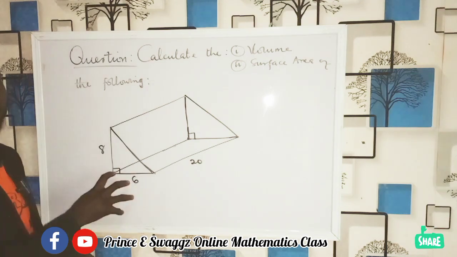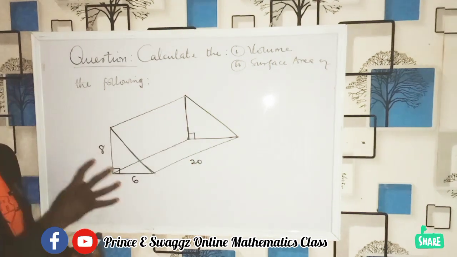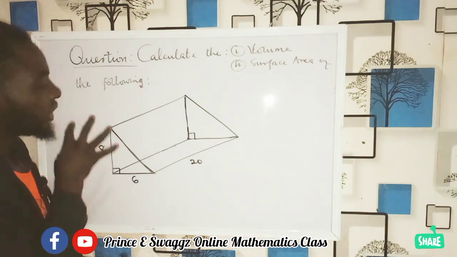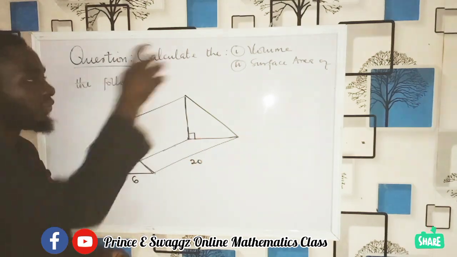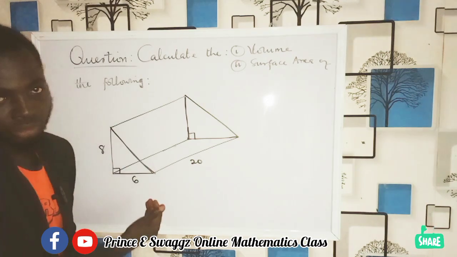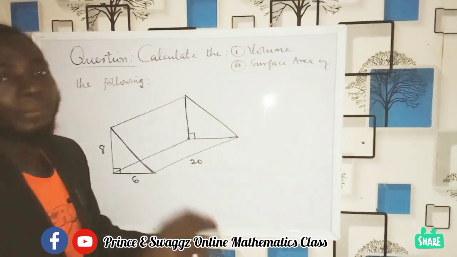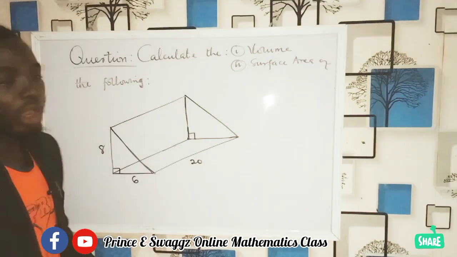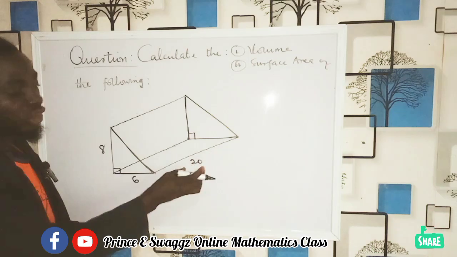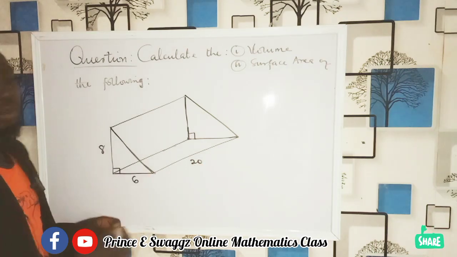Our cross section here is the triangle. That is the base. So that simply means that our volume for this shape becomes the area of the triangle multiplied by the height of this shape. And what is the height of this shape? This 20 is the height of this particular shape.